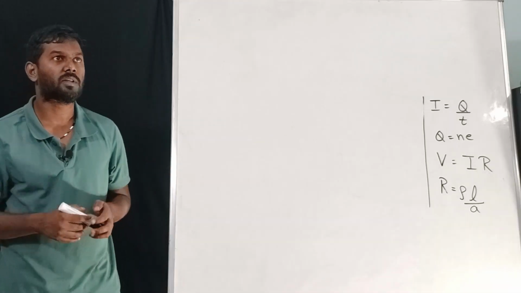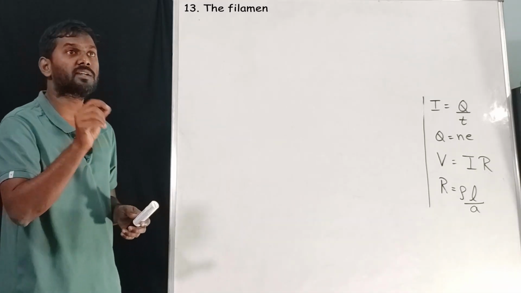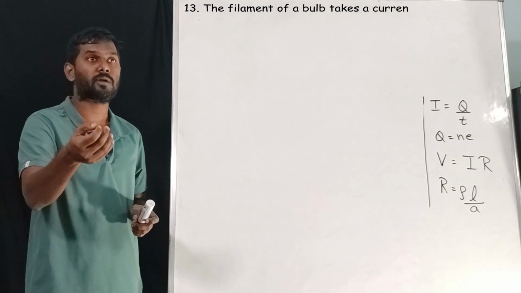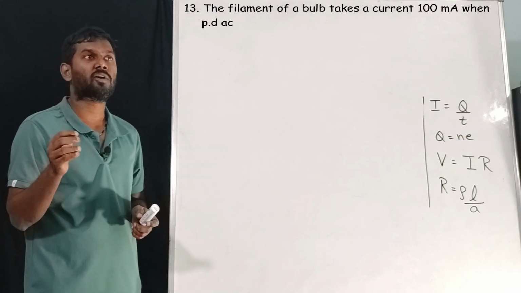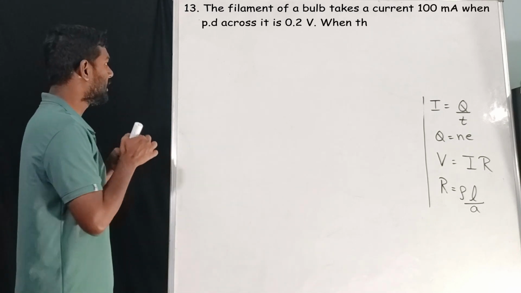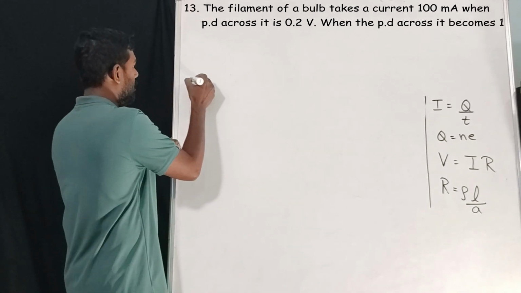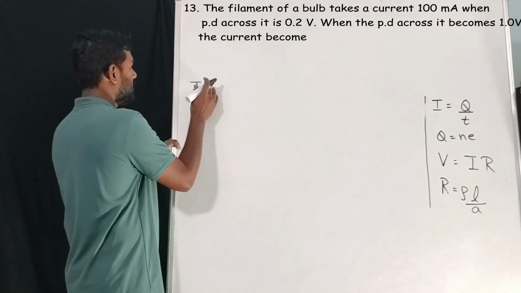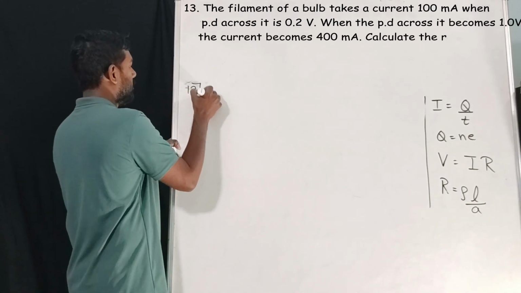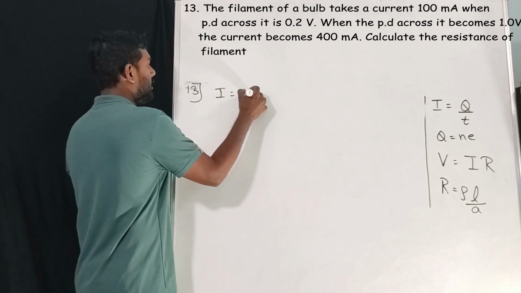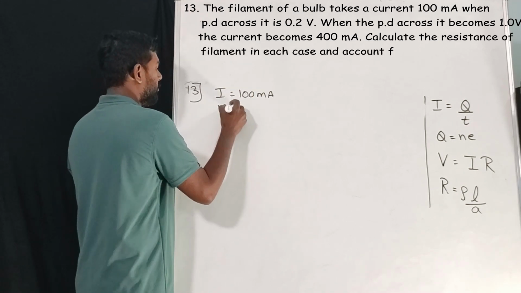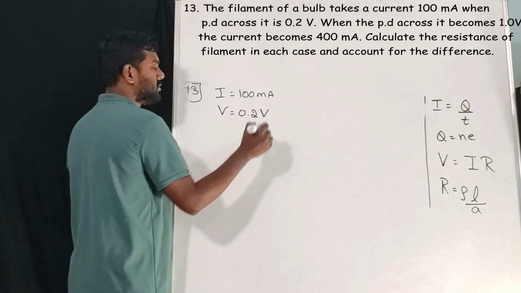That's it. Question number 13. A filament of a bulb takes a current of 100 milliamperes when the potential difference across it is 0.2 volts. First we'll write that. So this is question number 13. I is equal to 100 milliamps when the voltage is 0.2 volts.